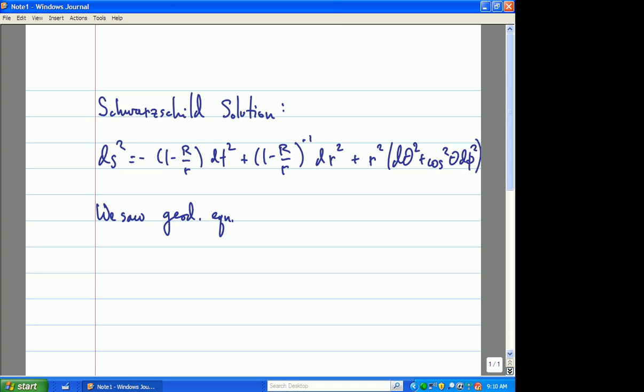Just as in Newtonian mechanics, when we study the Kepler problem for determining the orbits of the planets, that reduced down to a one-dimensional equation of motion with an effective potential with an angular momentum barrier, and by studying the solutions we saw that the orbits are conic sections.